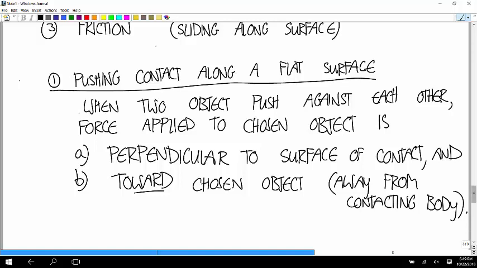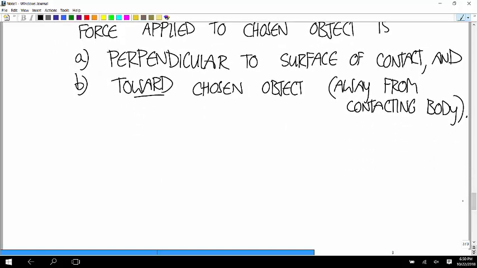Okay, so let me show a couple of examples. So first, let's think of two little carts rolling along a surface, and they're in contact over here.